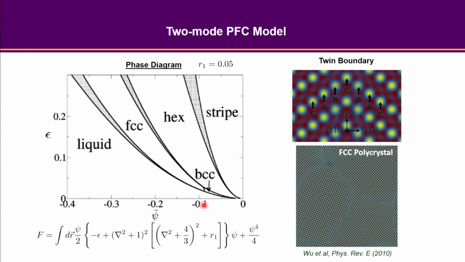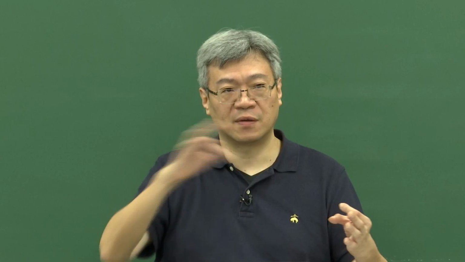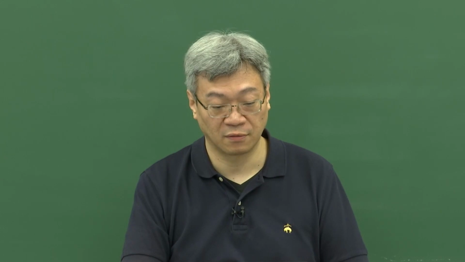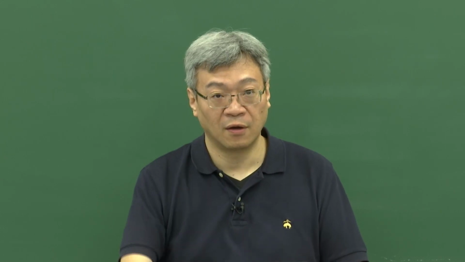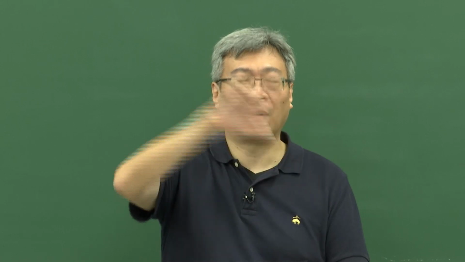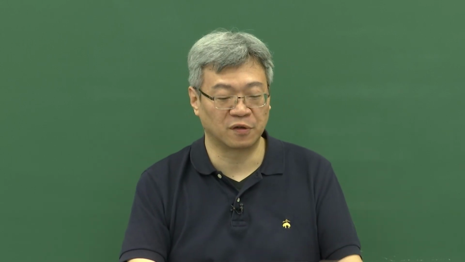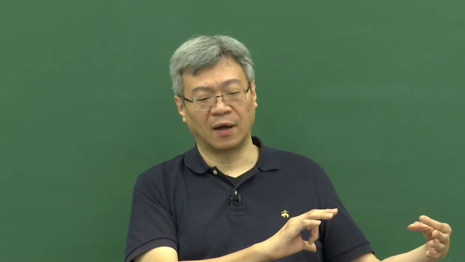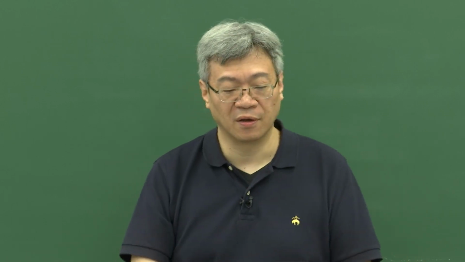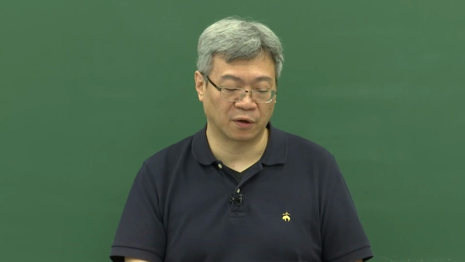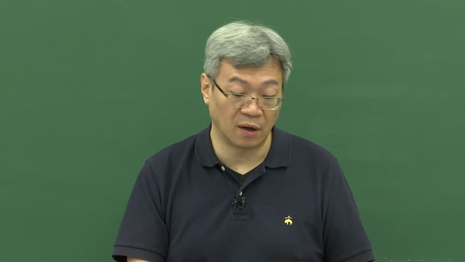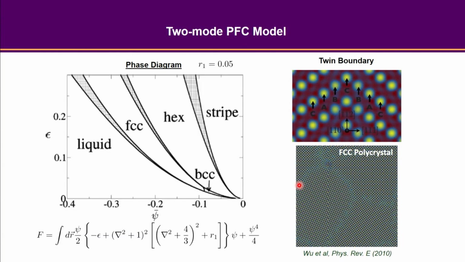So the next one should be square root of 2, which means... no, I'm sorry, (1, 1). The second mode should be (1, 1). So the length should be square root of 2, and here I should put in 2. So it depends on the different structure and different dimension. Pick the second mode, and there will be a corresponding value. So this value should change with the dimension and also the structure.